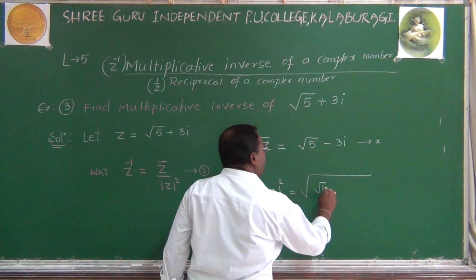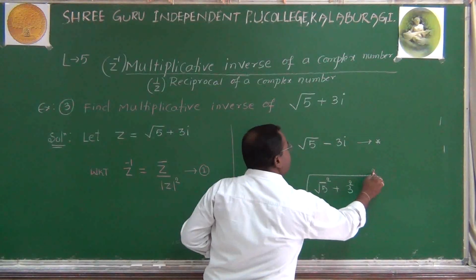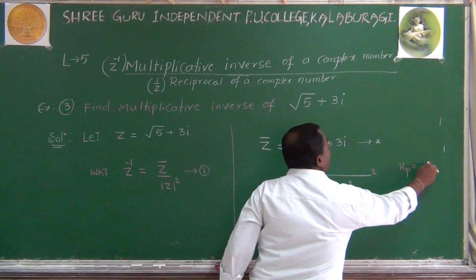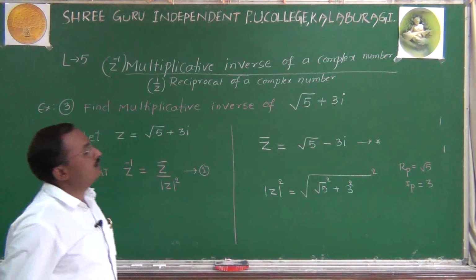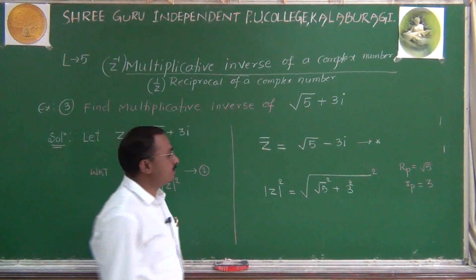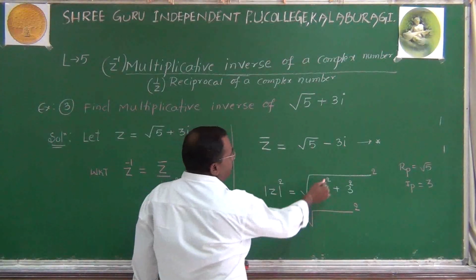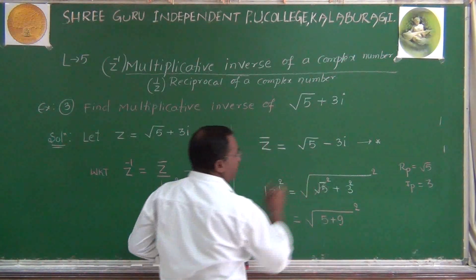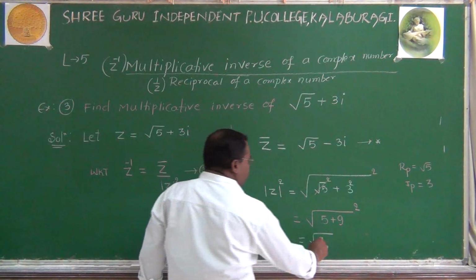Here the real part is root 5 and the imaginary part is 3. So root 5 square plus 3 square, with square and root getting cancelled, gives 5 plus 9, that is 14.